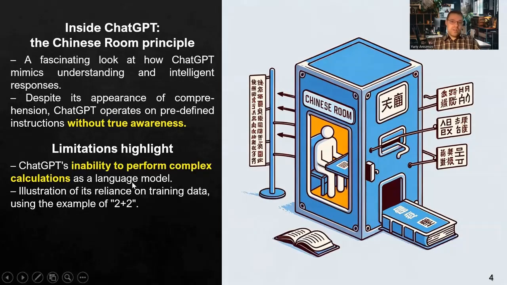And also, one important limitation is that ChatGPT does not know how to count. ChatGPT cannot make complex calculations. However, if you ask something simple like 2 plus 2, of course ChatGPT will give the correct answer, 4. Why? Because it was trained on it, and it just knows that 2 plus 2 is 4.